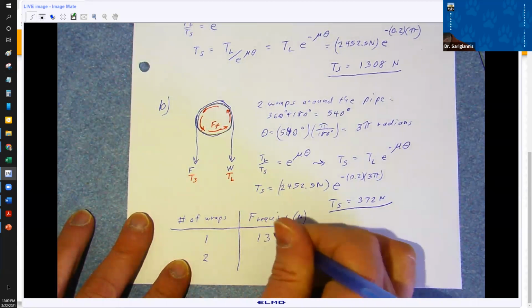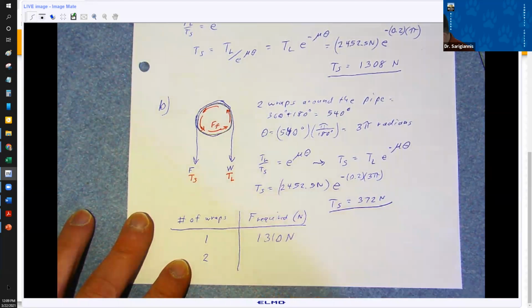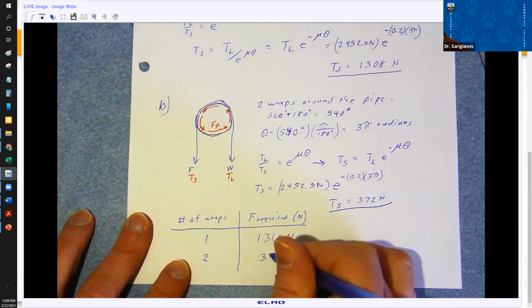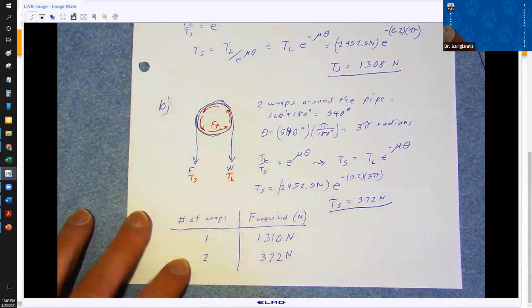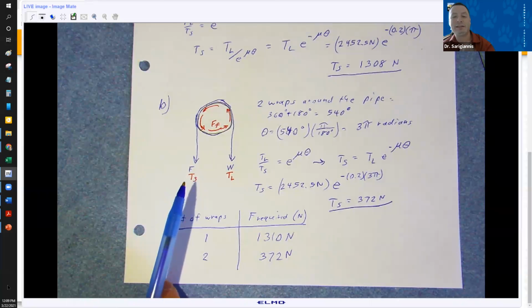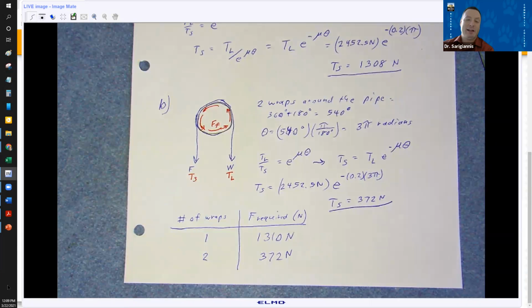We got 1310, rounding to 3 significant figures, and 372 newtons, which makes a lot of sense. If you wrap this around the pipe one time, you need more force. You need to apply more force over here to keep this weight from slipping than if you wrapped it around twice. So that's what friction does for you.